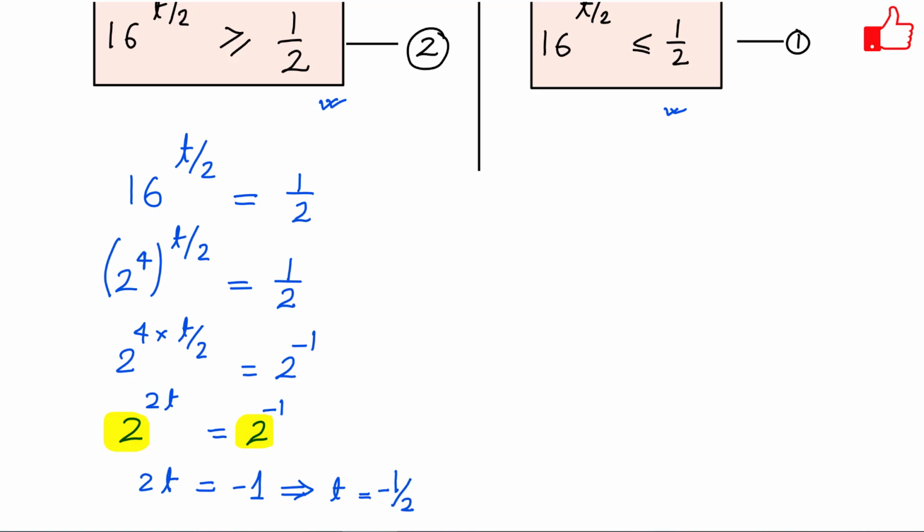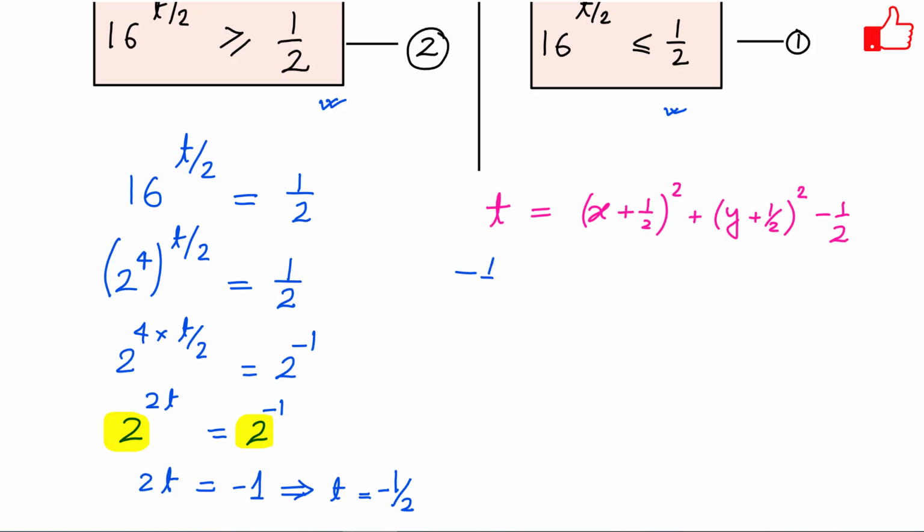So now I know the value of t, but you remember what was t? If you remember, t was x plus 1 by 2 whole square, plus y plus 1 by 2 whole square, minus 1 by 2. So let us plug the value of t in this equation.